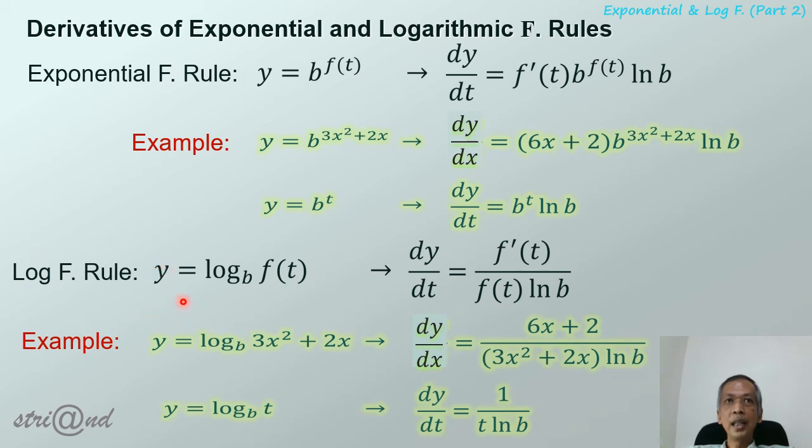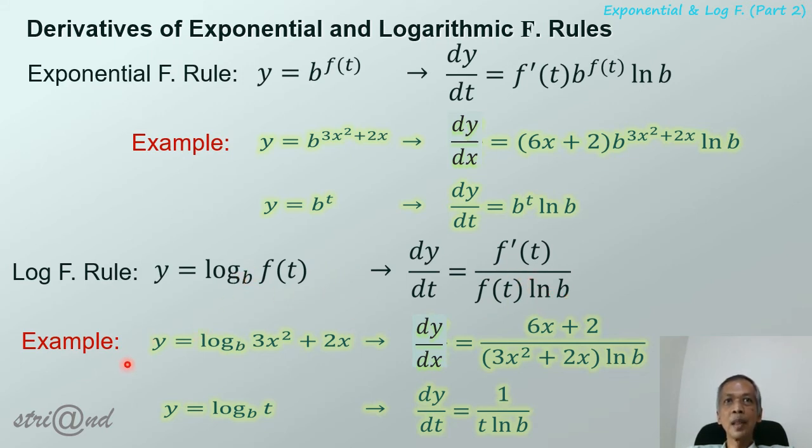And then the logarithm function rule. When we have y equals the logarithm of a function of t to the base of b, the derivative of y with respect to t is the derivative of the function divided by the function times the natural logarithm of the base.